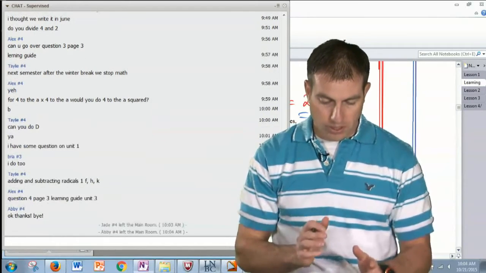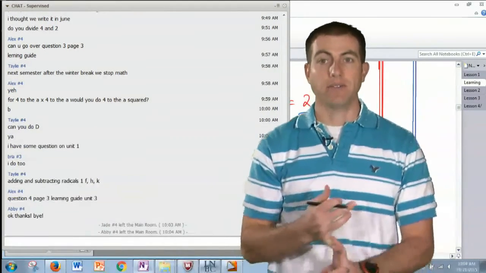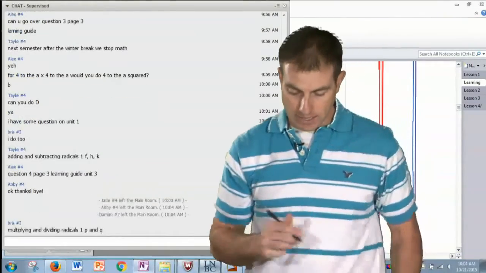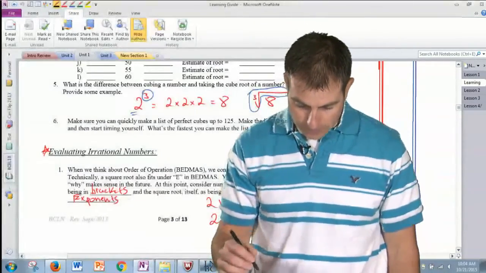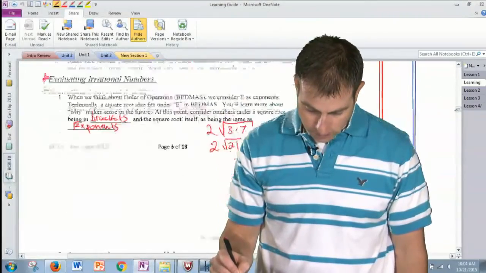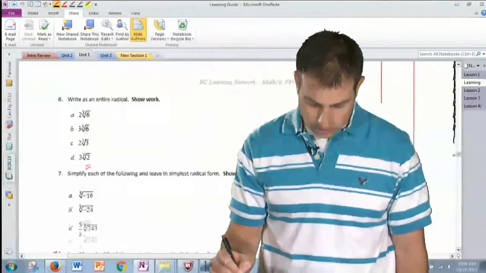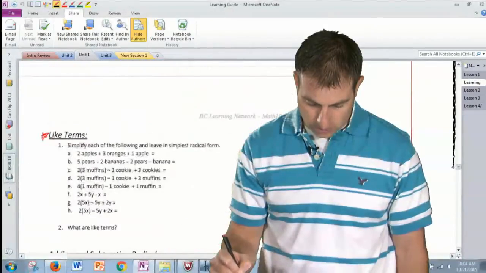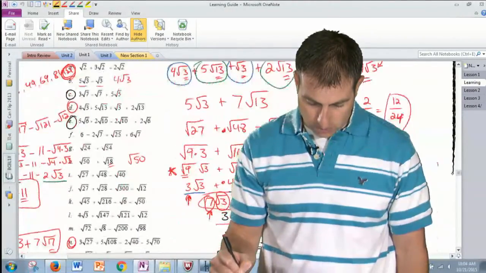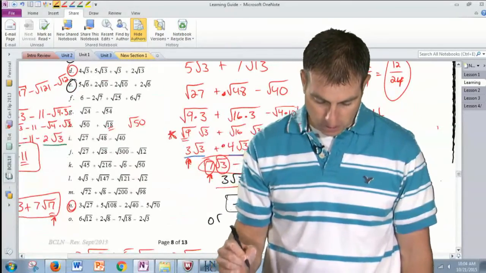So the first one I'm seeing here is adding and subtracting radicals 1F, H, and K. Adding, subtracting radicals, simplifying like terms. This is getting messy.